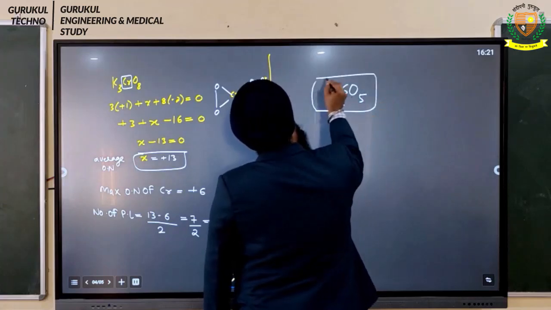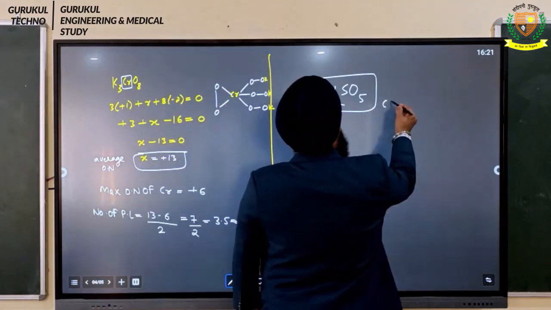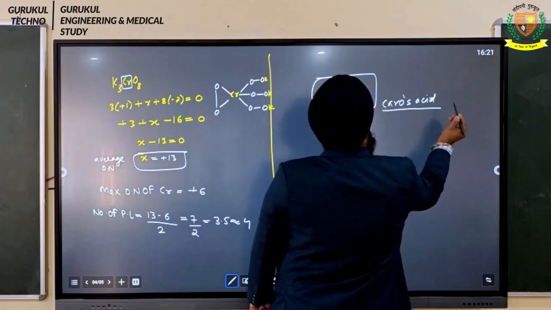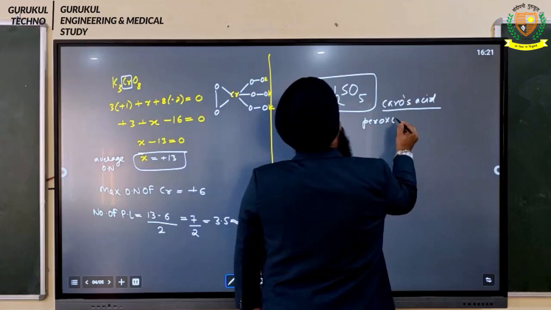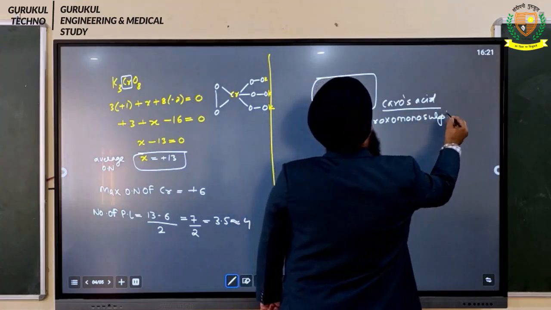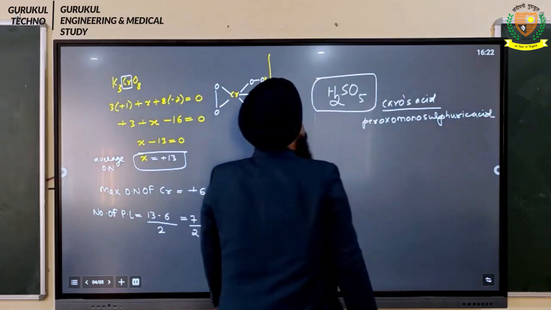Okay, one more we will do, and here it is H2SO5. This is which acid? This is your Caro's acid, peroxomonosulfuric acid. You have to find out the peroxy linkage.